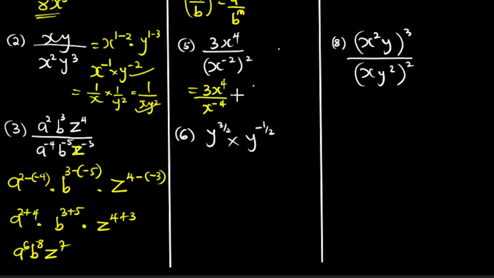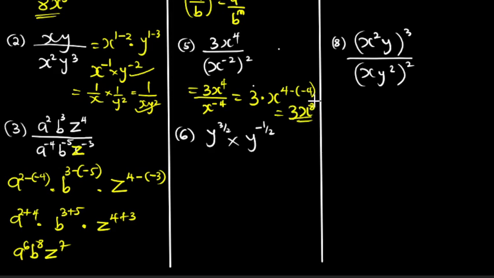Okay, then this is equal to 3x to the power of 4 minus negative 4. So this becomes 3x to the power of 4 plus 4, which is 3x to the power of 8.